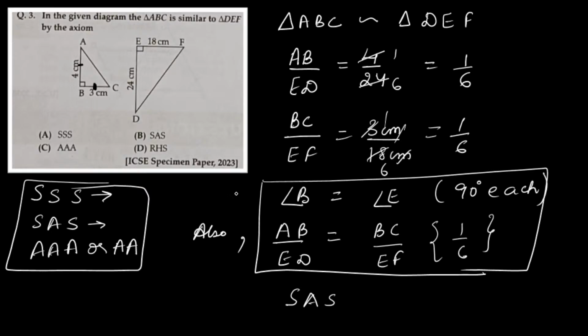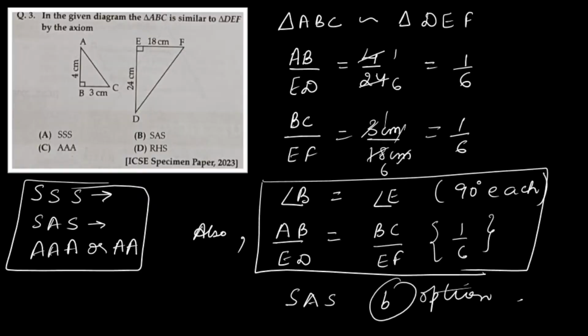Here I am using EF and ED, and the angle in between, that also we are using. So you can see side angle side, between two sides one angle is there. From there you can get a hint that it is side angle side. So side angle side, option B.